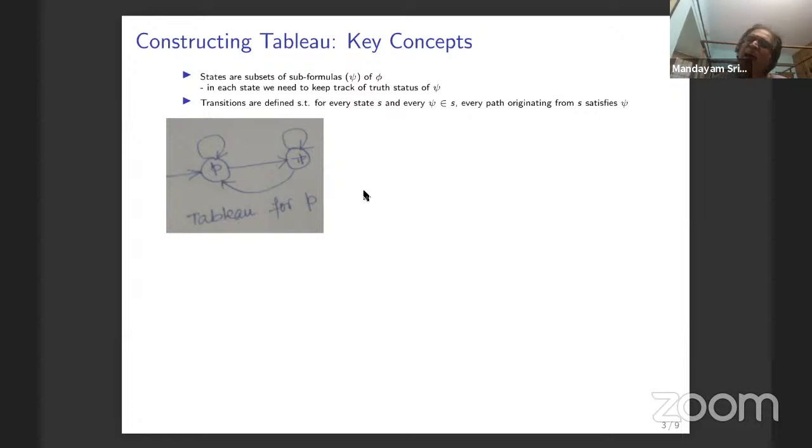I'm using another book, Baier and Katoen, which is more geared towards Büchi automata, but the tableau construction I'm presenting in my slides is closer to the Baier and Katoen method of constructing.